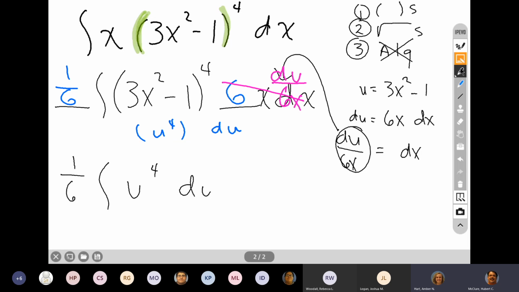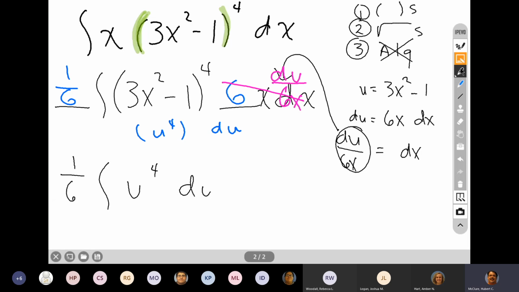I'm confused about why the x is in black, since du is equal to 6x dx. Look at the top. There's an x out in front. So that just goes over there?